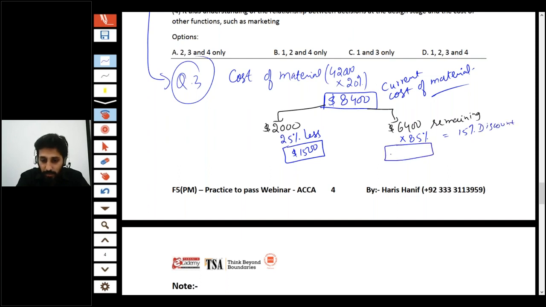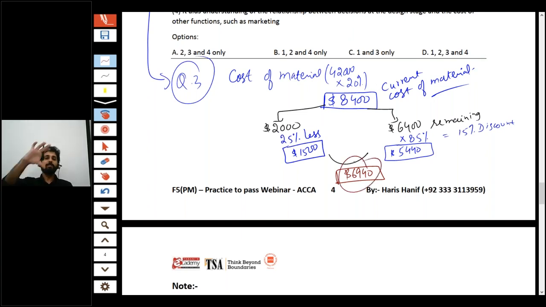So it would become 5440, and obviously my collective cost, the revised cost, is 6940, isn't it? That's my revised cost.